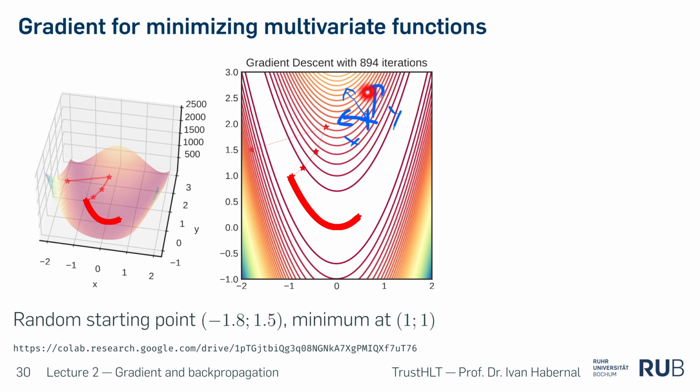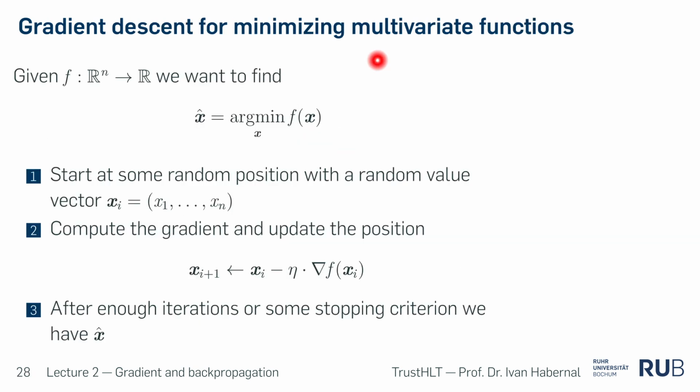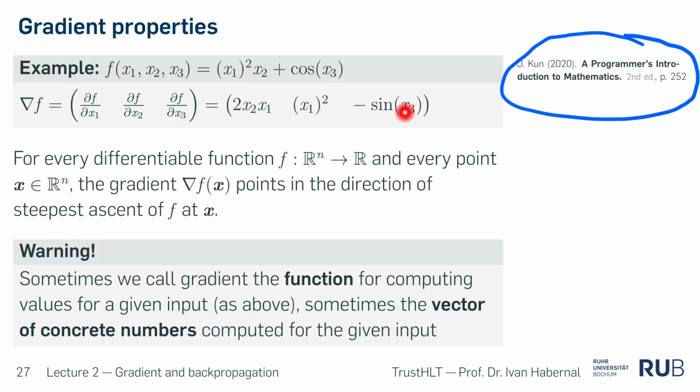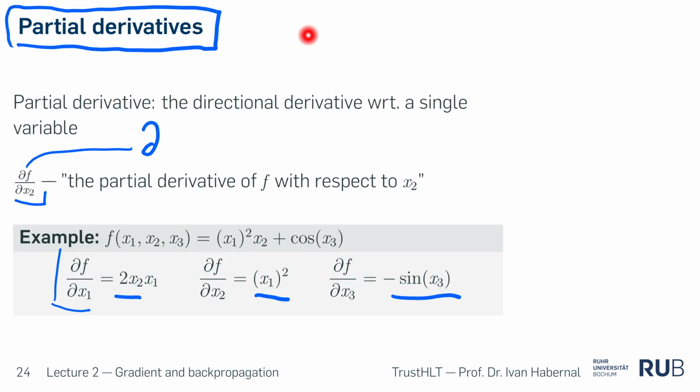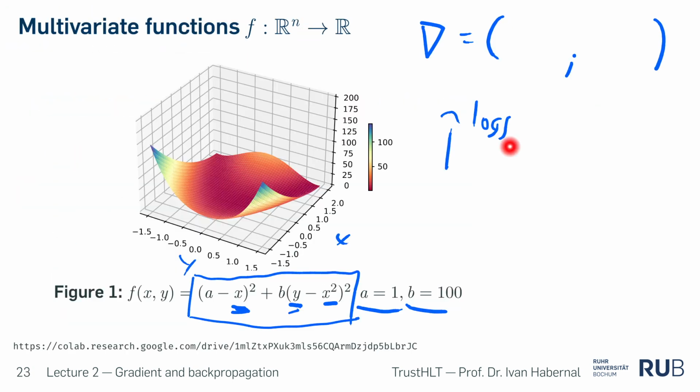Because it's a vector and it has components, the partial derivative in each of those is telling me the strength of growth in the x direction, and this is the strength of growth in the y direction. And together it gives me a vector.